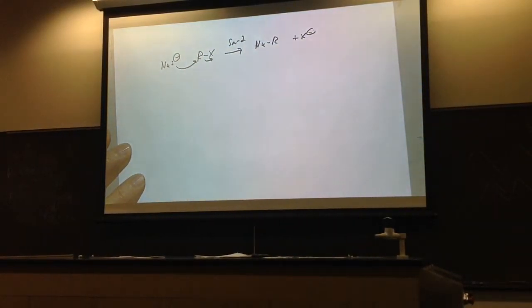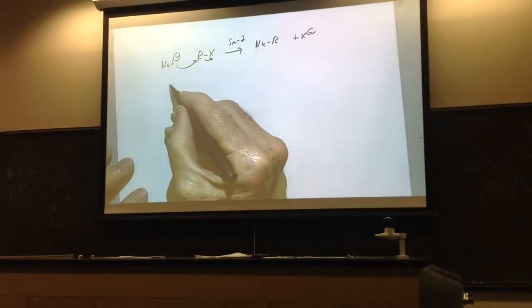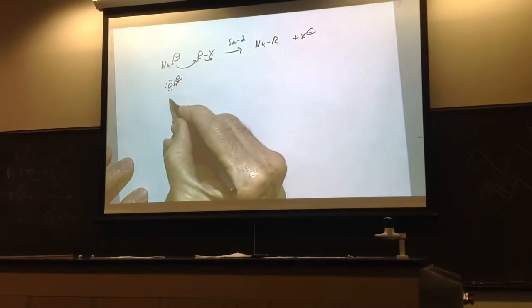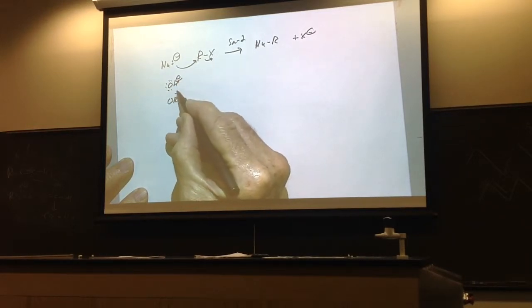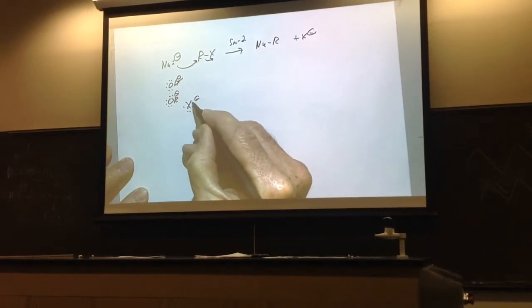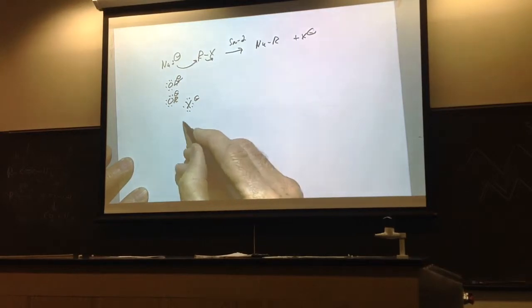Okay? And so the nucleophiles you've seen are OH minus, OR minus, halogen, let's just put X, cyanide.